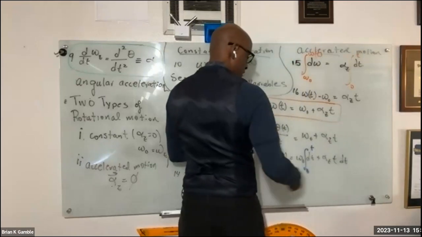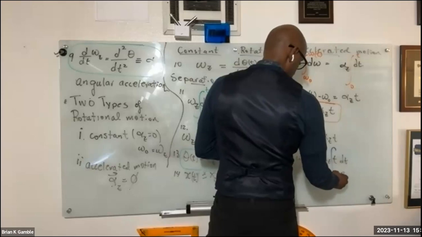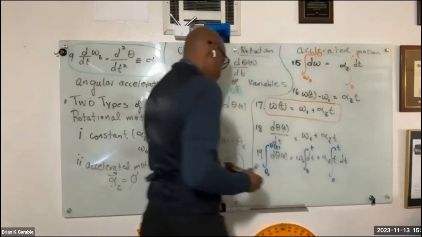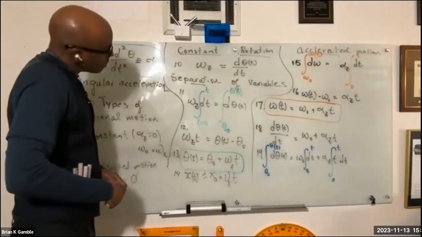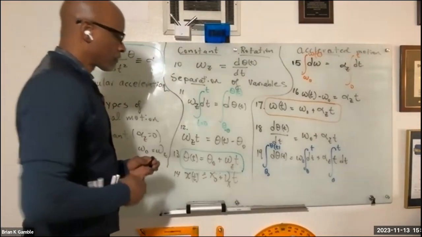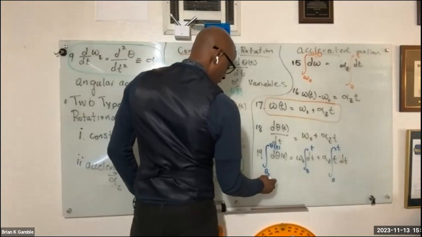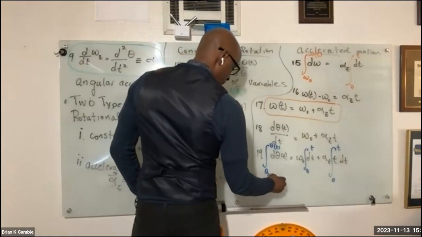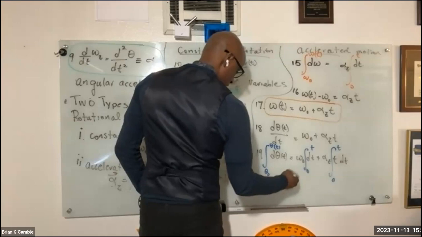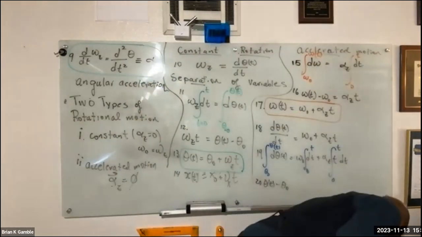Of course, alpha z is still constant, but the t is a variable, so that goes from 0 to t. So we integrate. The left side is just delta theta, so we have theta of t minus theta naught.